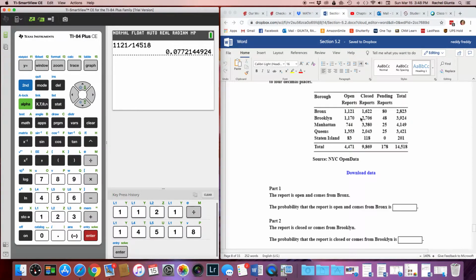But see these 2706 that are closed and come from Brooklyn? If we added this total to this total, we'd be counting these twice, and we don't want to do that. So we only want to count them in one group or the other.